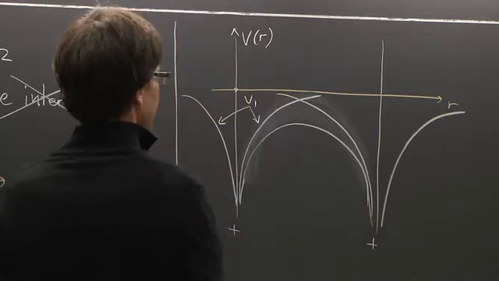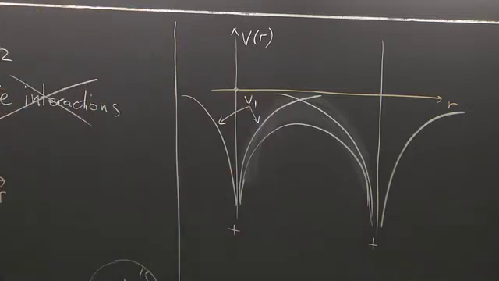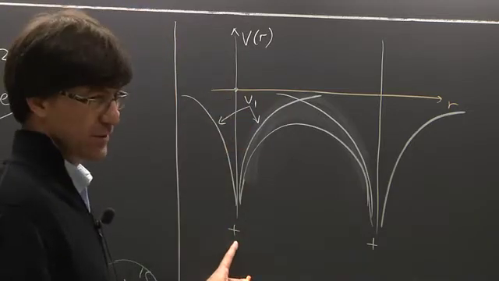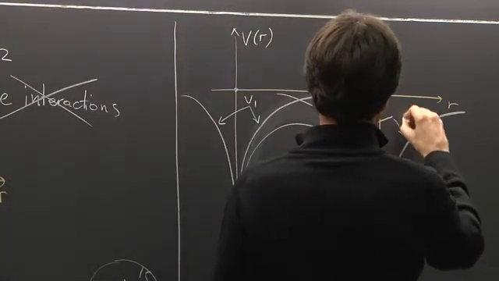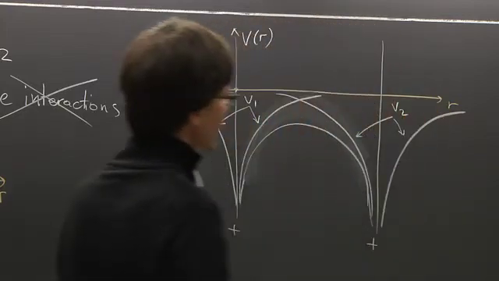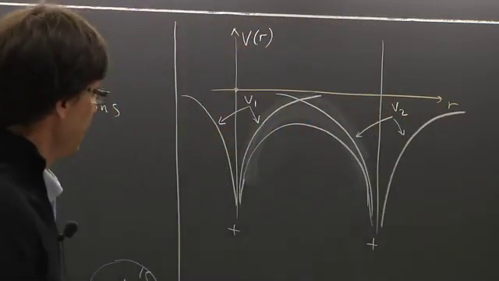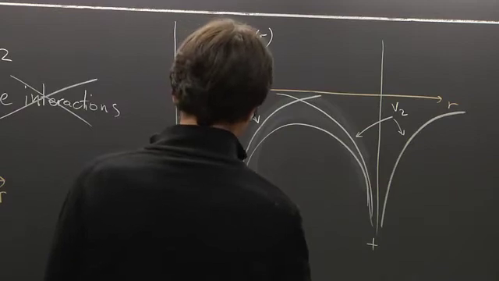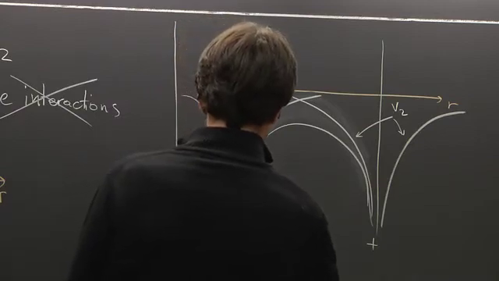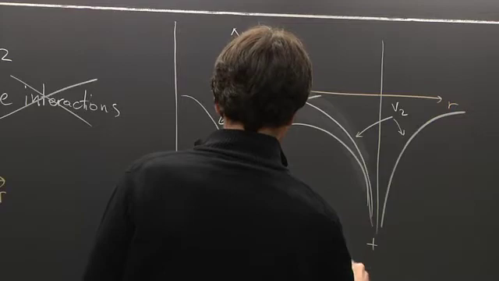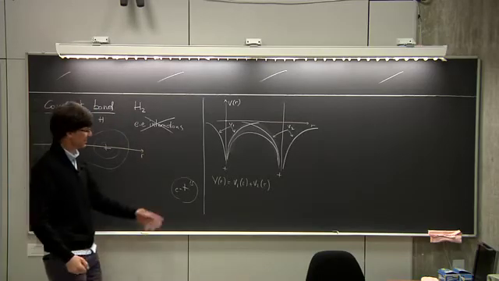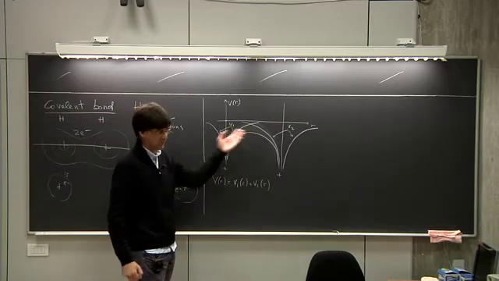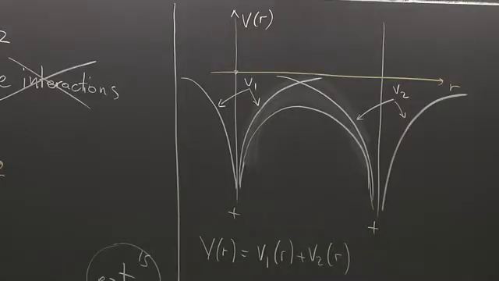Let me call this V1. V1 is the Coulomb potential due to this proton. And these two lines are V2, the Coulomb potential due to this proton. And therefore, V of R is V1 of R plus V2 of R. I'm just expressing the total potential as a sum of the two Coulomb potentials coming from the two hydrogen atoms.